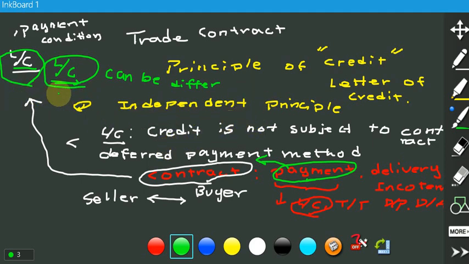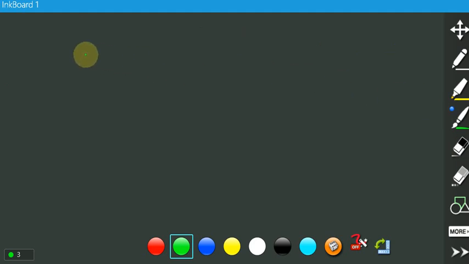Why do we emphasize that the difference is acceptable? Because you have a contract here, and you have a letter of credit here.